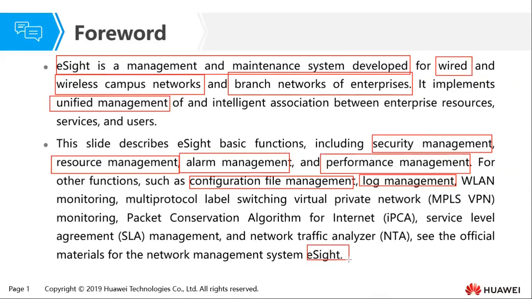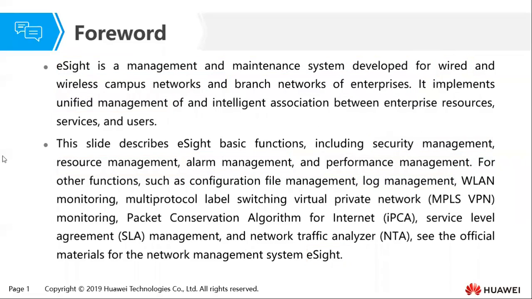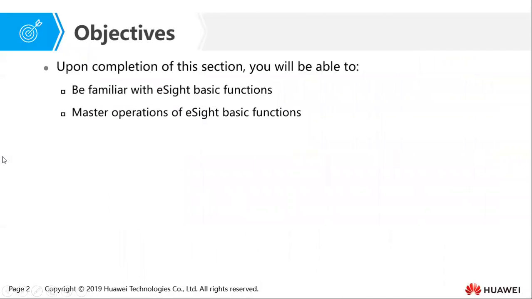You can look at the eSight official documentation to learn about all those other functions that eSight supports. But for this topic, we're going to focus on these four: security, resource, alarm, and performance management.